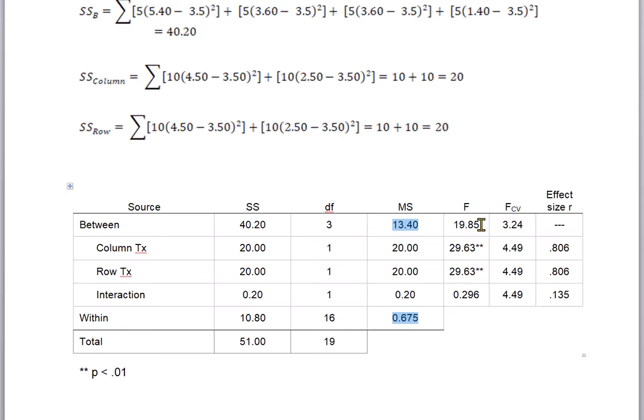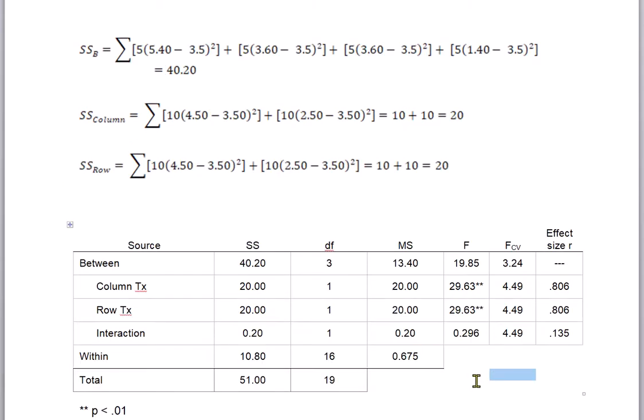That's where this number over here comes from. And then for the next one, 20.2 divided by 0.675 gives us 29.63. And same thing here, it's the same set of numbers. 0.2 divided by 0.675 gives us a very small number, 0.296.